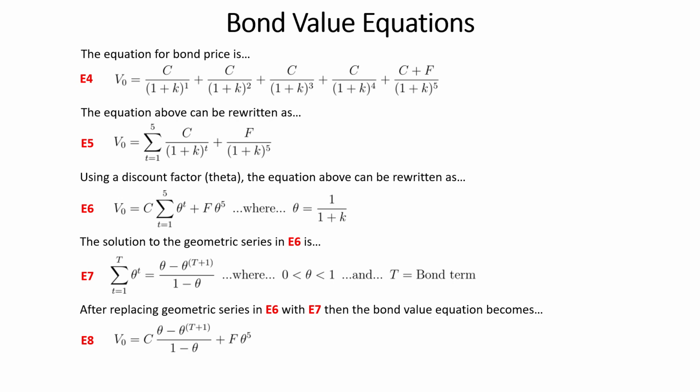In E6, because we have to walk our way through that summation, what we want to do is note that the summation in E5 or E6 is actually a geometric series.